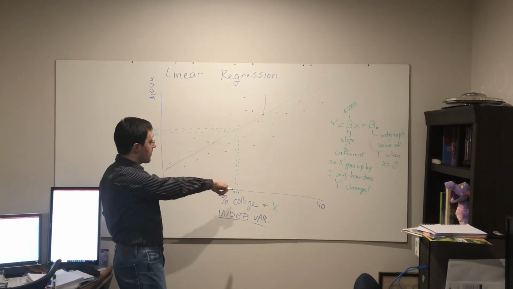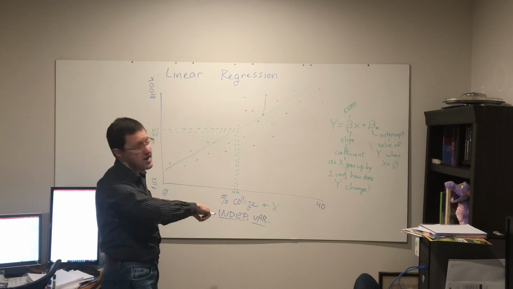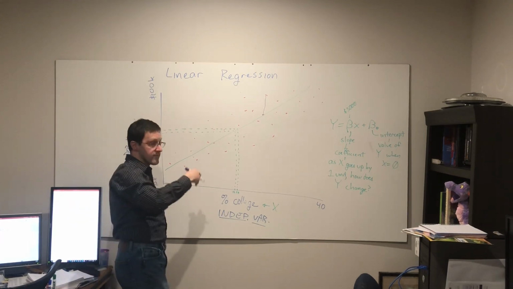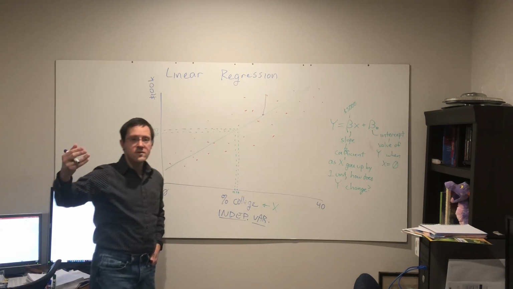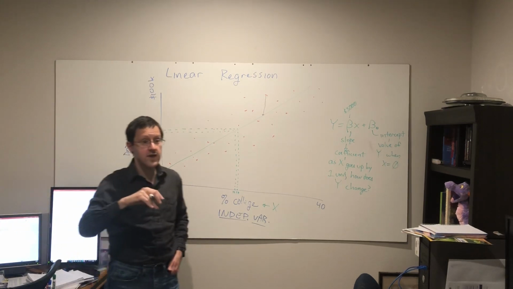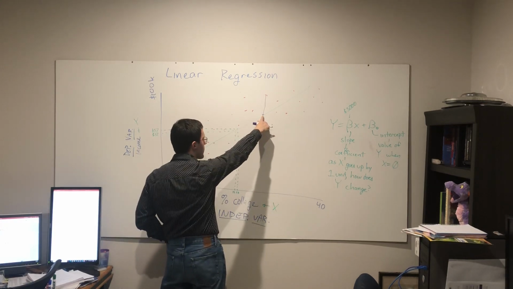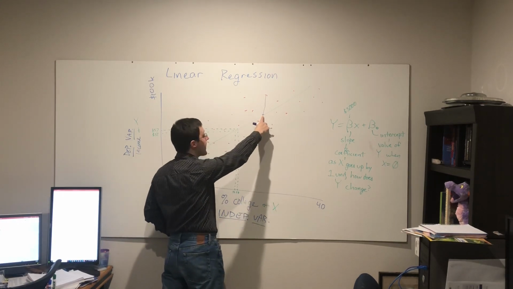Its college education rate looks like it might be about 28%, the way I've drawn it there. If all I knew is that the college education rate is 28%, I'm going to take where 28% lands on this line.